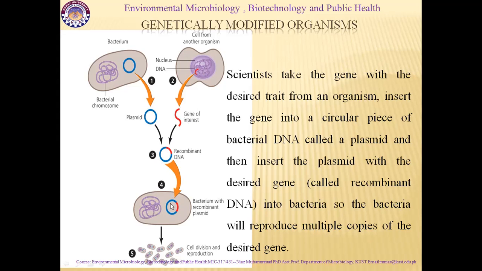Now this is inserted in a bacterial cell, and the bacterial cell produces more and more copies of this gene. Now this can be used for further activity. So this is called a genetically modified organism because the characteristics from this cell have now been included in it. Now bacteria have the ability to produce the characteristic of this cell also.